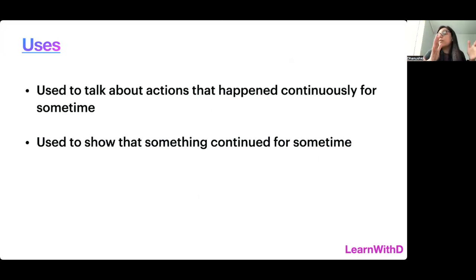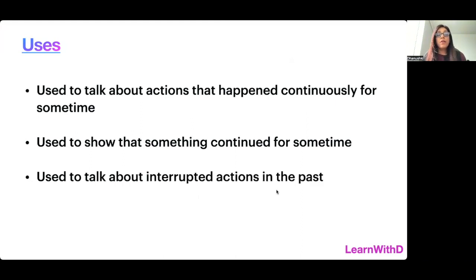Then we use it to talk about interrupted actions in the past. Now, what are interrupted actions? Interrupted actions mean, let's say something is happening and then another action happens in between this action.